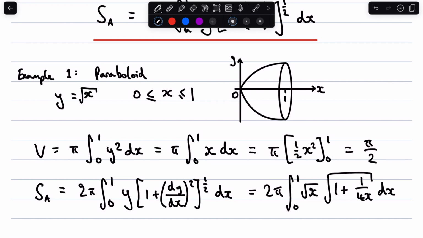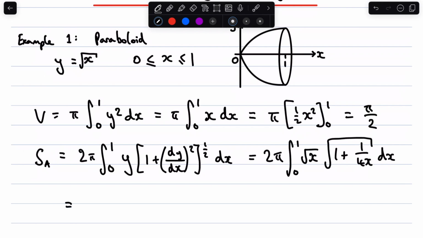So if we combine all that, we'll have 2 pi times the integral from 0 to 1 of the square root of x plus a quarter, dx.